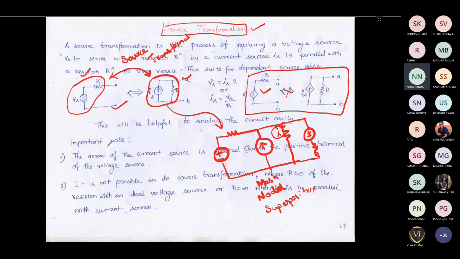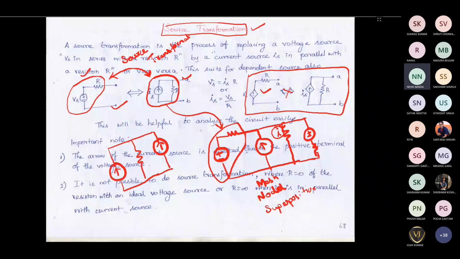Now this part you can represent as a current source with a resistor in parallel like this, and you have another current source like this.